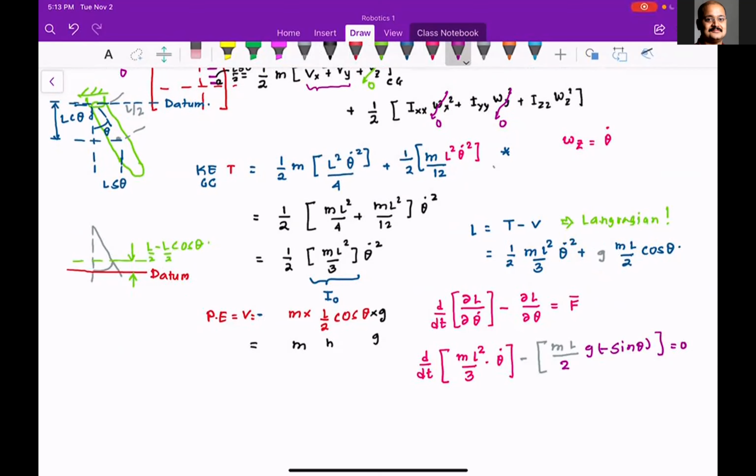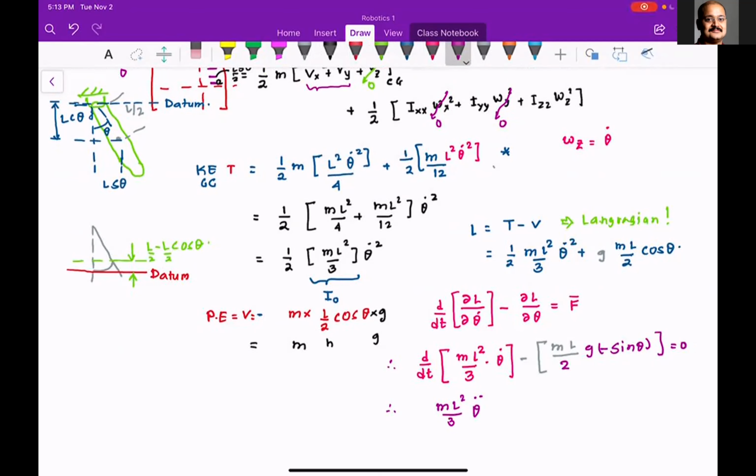So this equation, now I need to take the derivative of this term. Mass is constant, length is constant. So the derivative of theta dot is going to be theta double dot, and m L by 2.